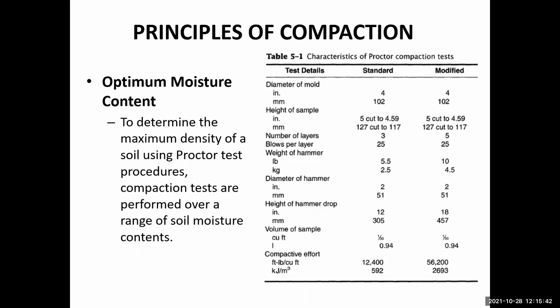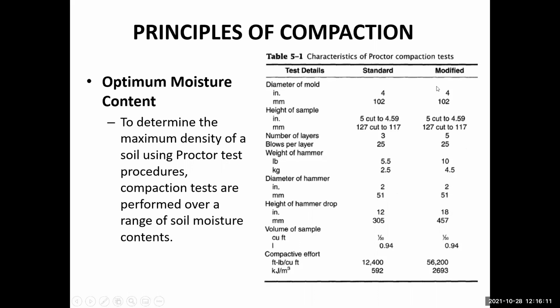That test is then repeated at different moisture contents, and then we plot a curve. For each moisture content, we get a density. The moisture content at which we get the maximum density is called the optimum moisture content.